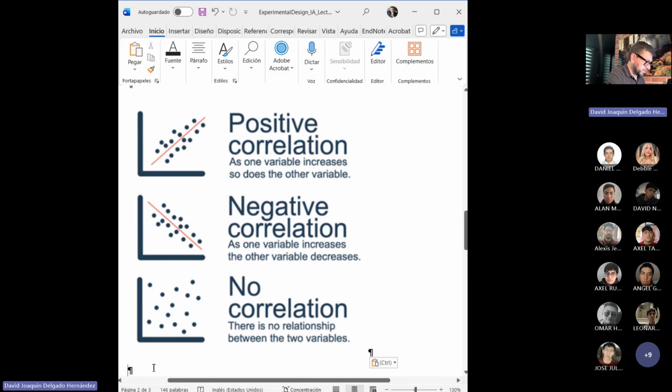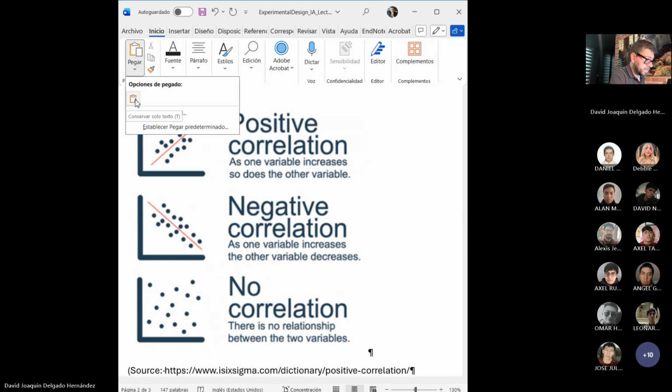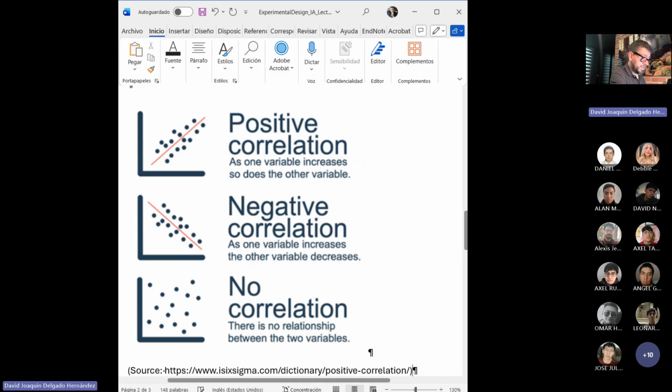I'm going to put the source. So let me just copy this. You can check this information in this website.